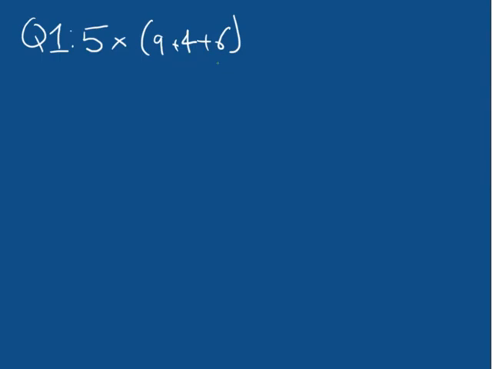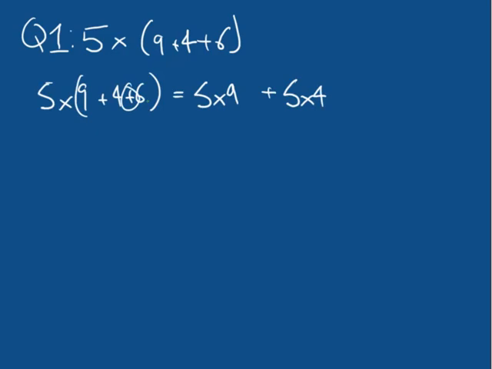When you unpause, I'm going to go through the answer to this question. Okay, welcome back. There's nothing really complicated here. It's a very simple expansion of an addition of 3 numbers. So to expand this, we're going to say that 5 times (9 plus 4 plus 6) is equal to, well, we take 5 times 9. We add to that 5 times 4.